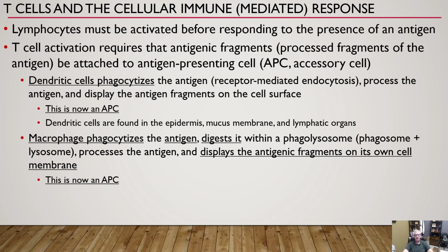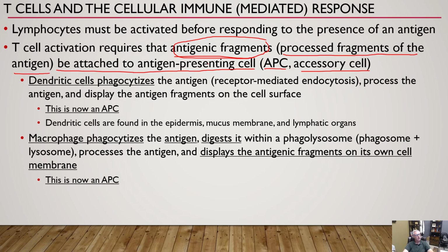In order to be activated, an antigenic fragment is going to have to be attached to the antigen presenting cell. And an antigen presenting cell, we call it an APC or an accessory cell. So these antigenic fragments are just going to be processed fragments of the antigen.